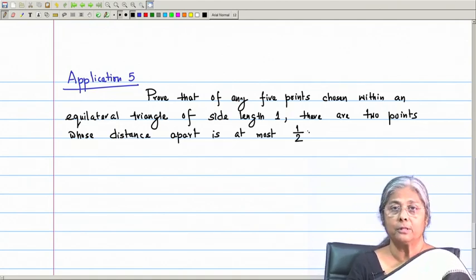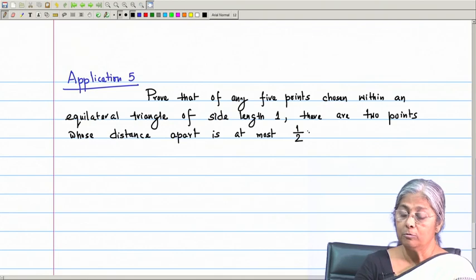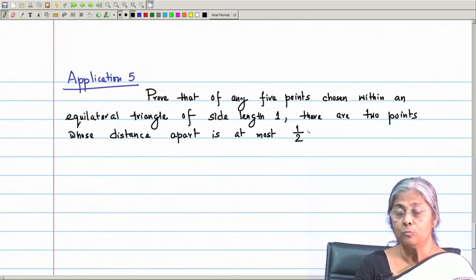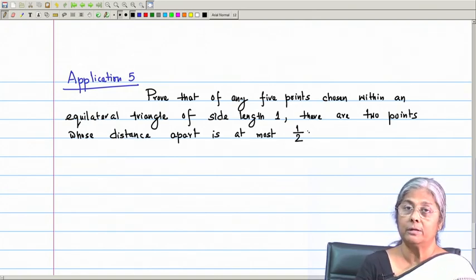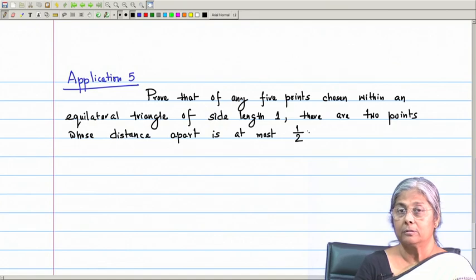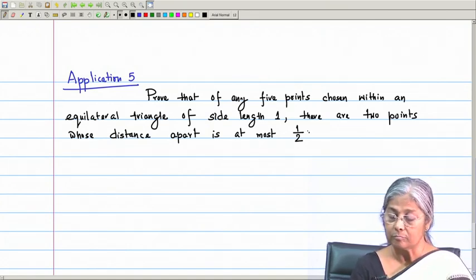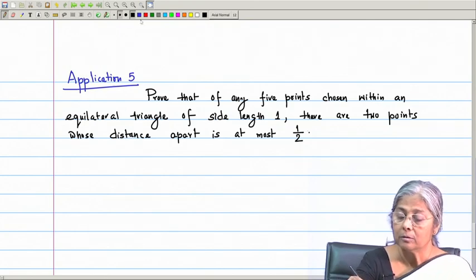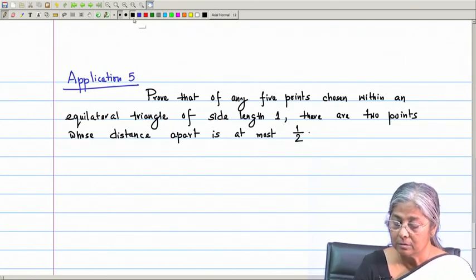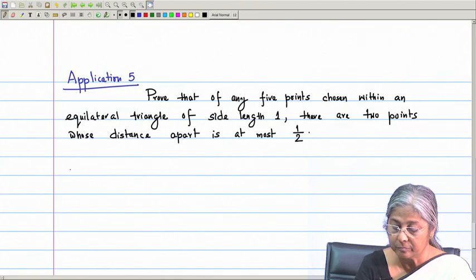We have to show that there are 2 points within this equilateral triangle such that the distance between them is at most half. So, we see the solution.